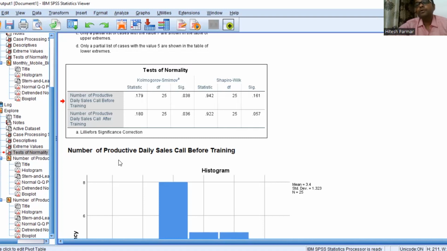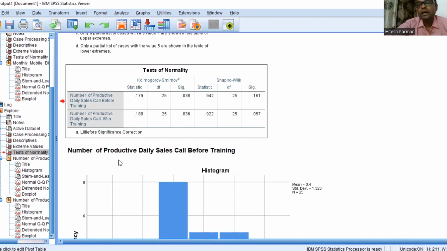Always give the same type of transformation to both variables. It is not that you give the log transformation only to the one which is not normally distributed. Always give the equal transformation to both your variables. Then only will they be comparable.